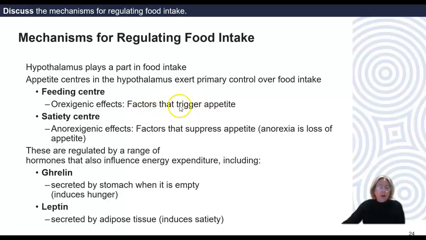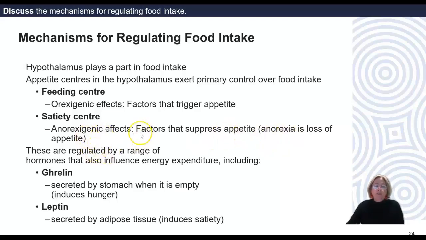Other areas in the brain are the satiety center, and they have an anorexigenic effect. So that means that when these neurons are stimulated, it's going to decrease the appetite. So these are factors that suppress appetite. Anorexia is a loss of appetite.